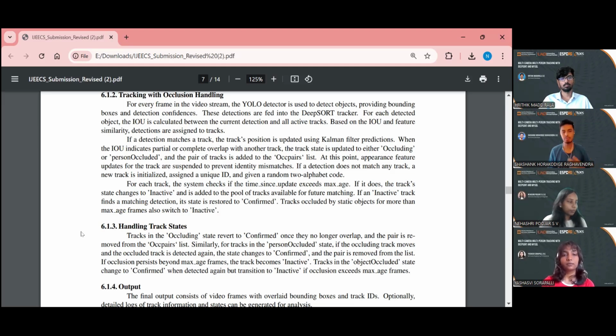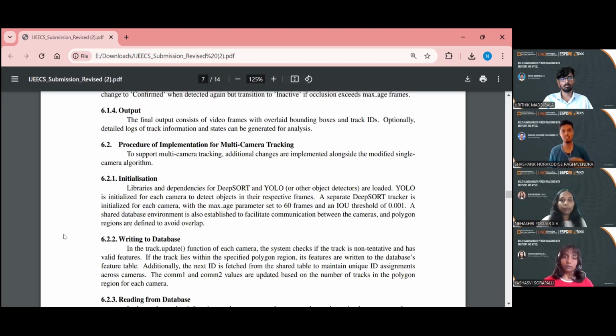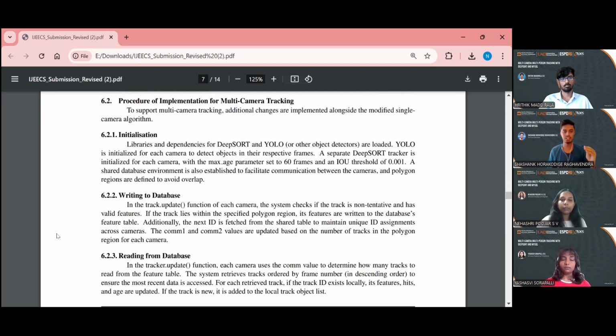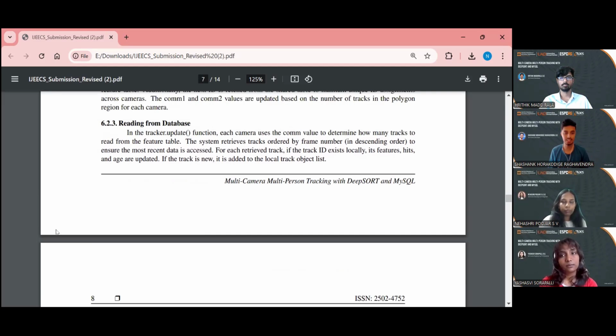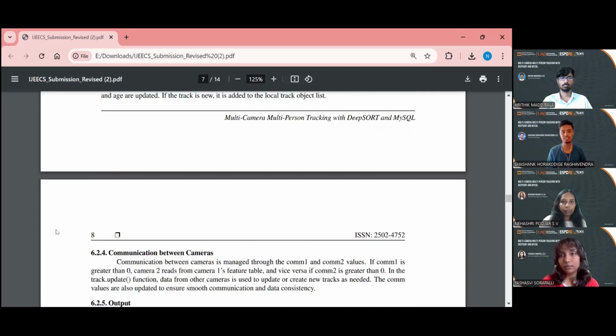Now moving on to multi-camera tracking, you have to keep in mind that whatever we did for single camera applies here as well. Along with this, there are some additional things like the database, which is MySQL, implemented here. Here we assign unique DeepSORT trackers to each camera and then use a shared database to ensure proper tracking across the two feeds. Tracks are defined within these regions and are logged into the database.